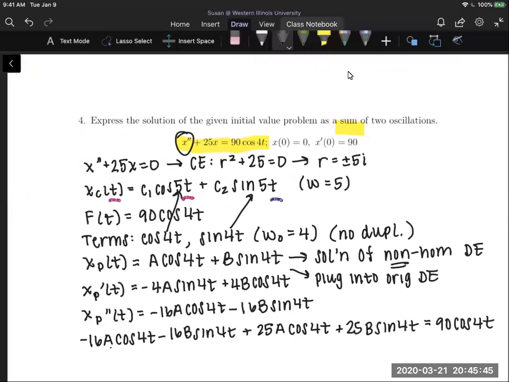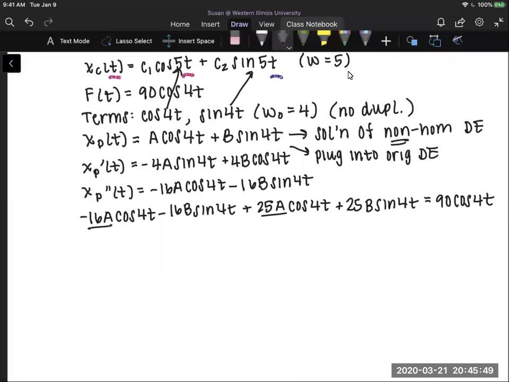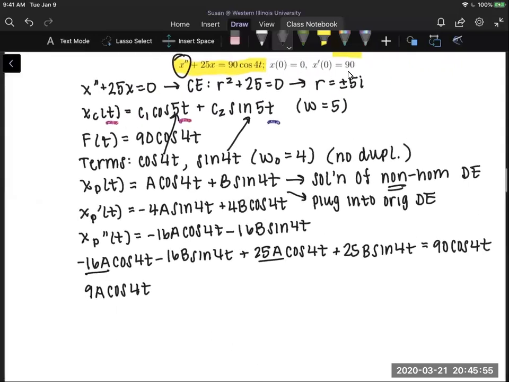Combining like terms, we have 9a cosine 4t plus 9b sine 4t, and that equals 90 cosine 4t.